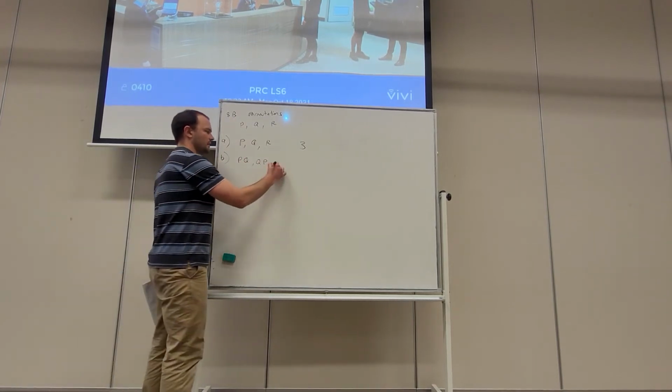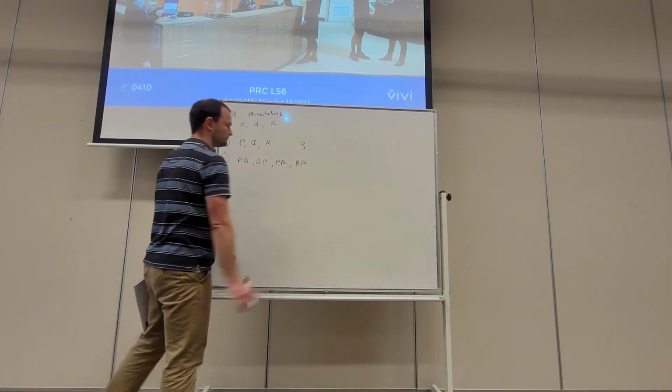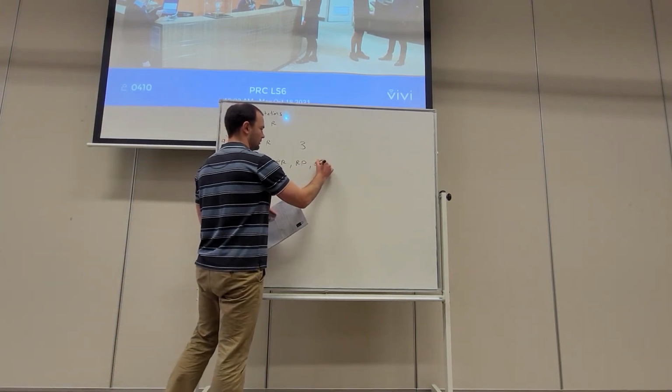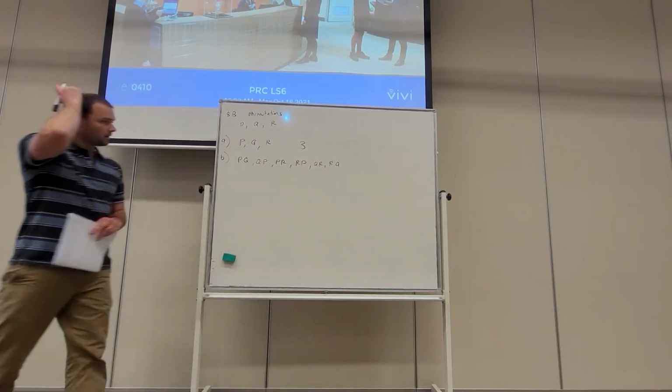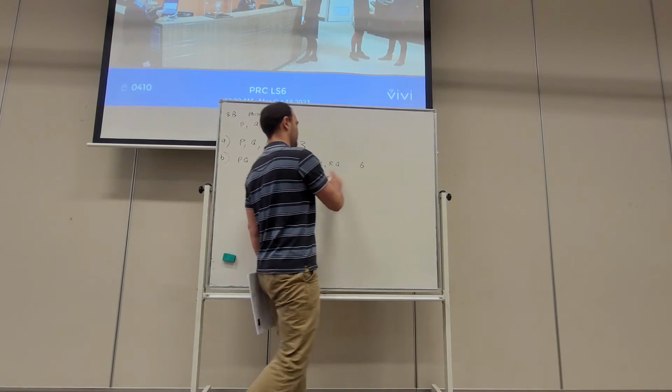We could get P then R, or R then P. And we could get Q then R, or R and then Q. Those are all of the outcomes. There are 6 of them.